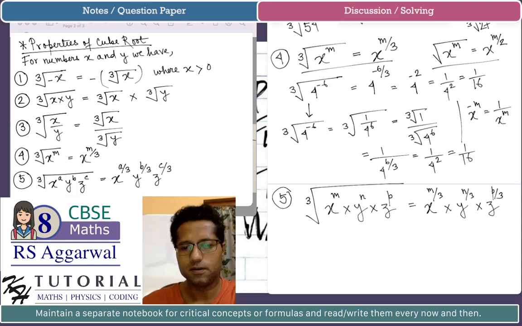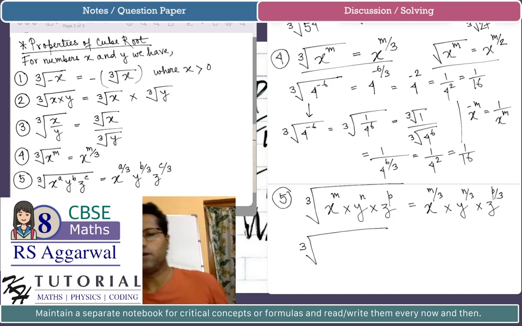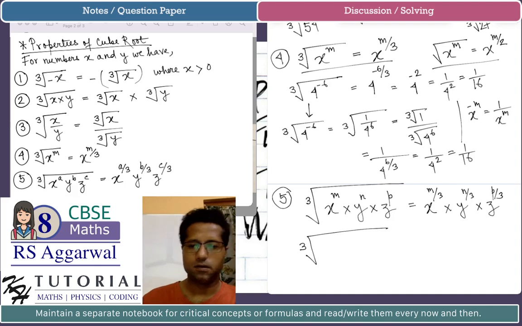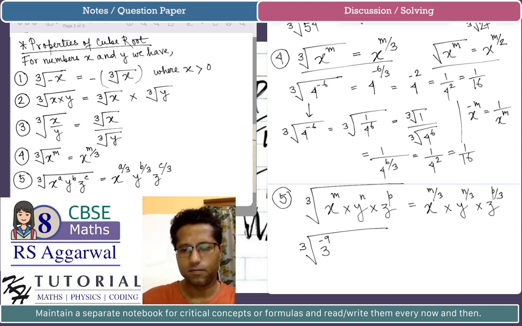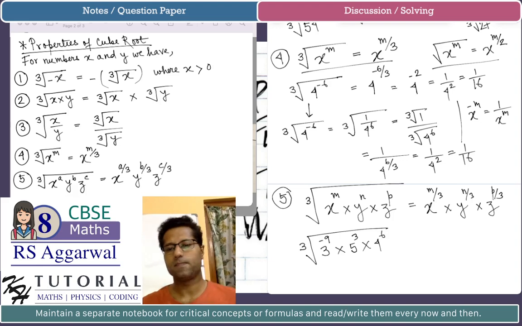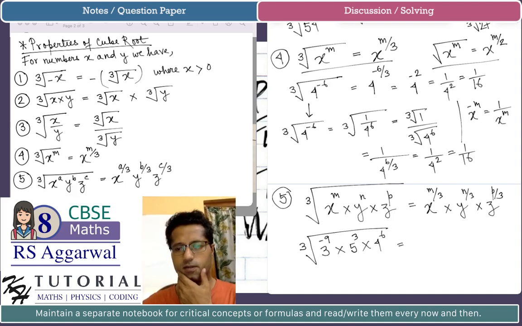As an example, if you are asked to find the cube root of 3 to the power minus 9 multiplied by 5 cube multiplied by 4 to the power 6. So this will be the same exponential terms, but all the powers of the exponential terms will get divided by 3.